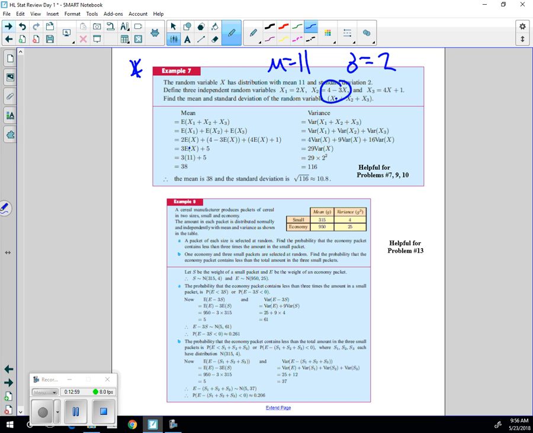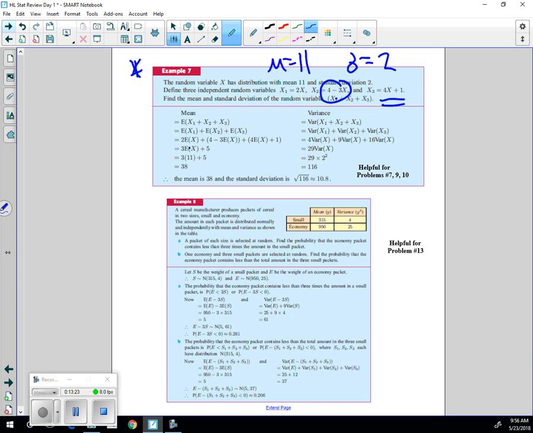And then for the expected value of x3, 4 E of x plus 1, and just 16 variance. So when you add those up, you get 29 variance, or 29 times 2 squared, which is 116. For the expected value you get 3 times 11, 3 mu plus 5. 3 times 11 plus 5 is 38.